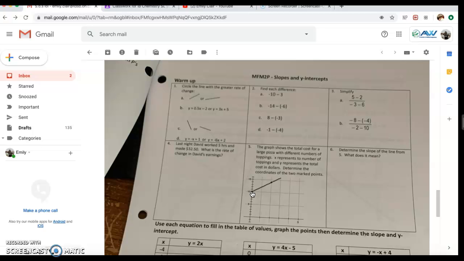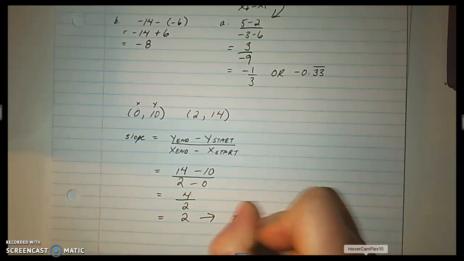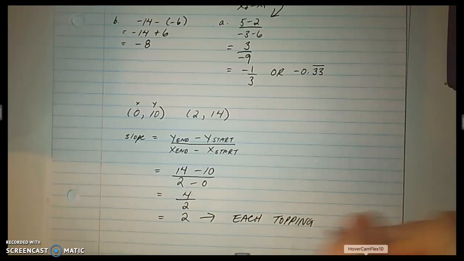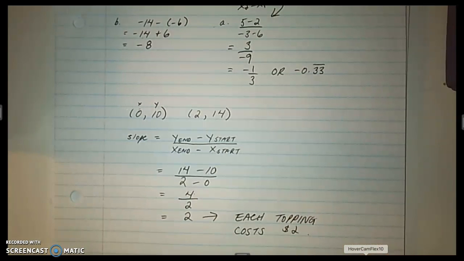And then for every one topping I add, the price goes up by $2. So my slope means each topping costs $2. It's like the rate of change of cost of the pizza.